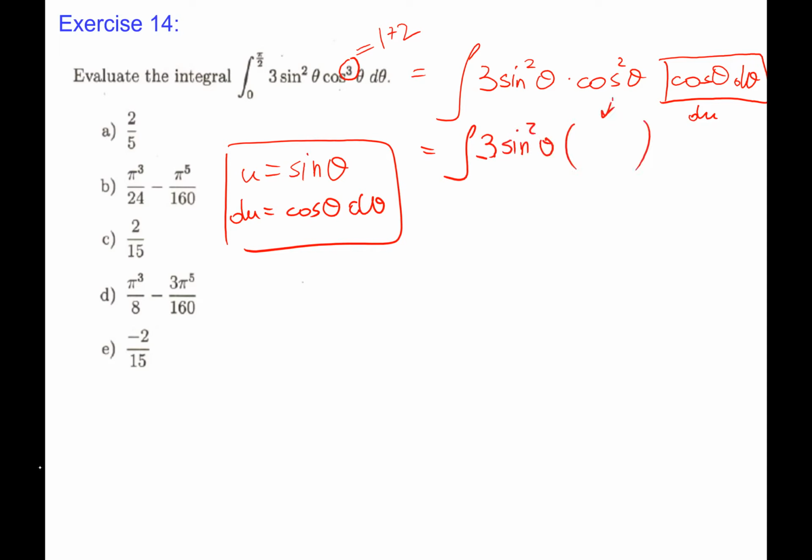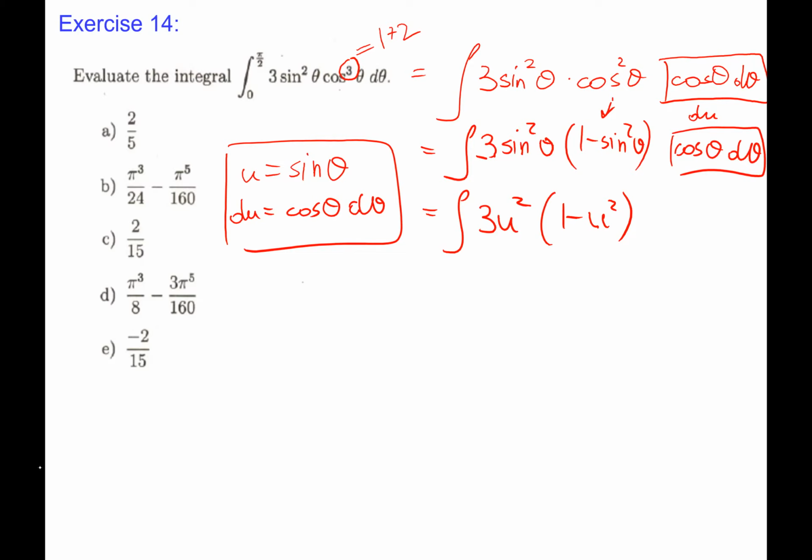Now I need this in terms of sine because everything except my du must be. What shall I put in instead of cosine square theta? Thank you. 1 minus sine square theta. And now we're ready. 3 u squared, 1 minus u squared, and this is du.